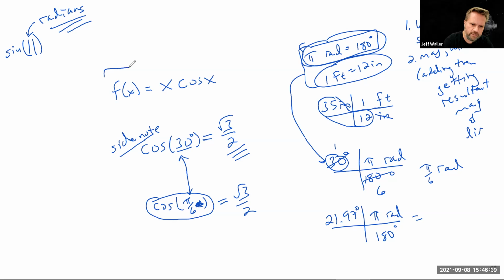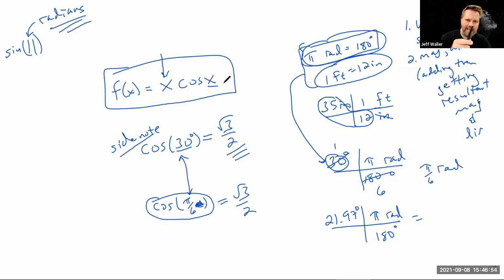But look at this function that I wrote up here. Is the x only inside the trig function? No, there's a part that's outside. And what's the only unit that is both an angle measure and a physical measurement? Radians.